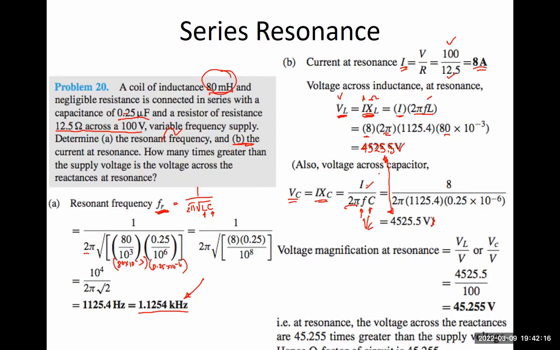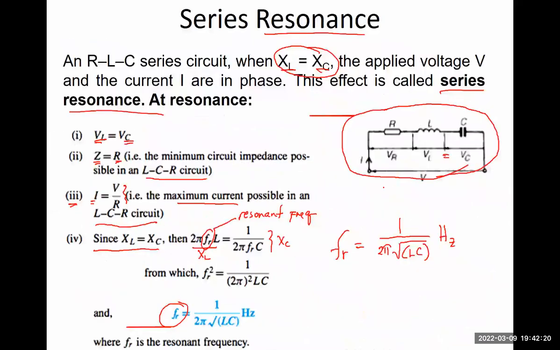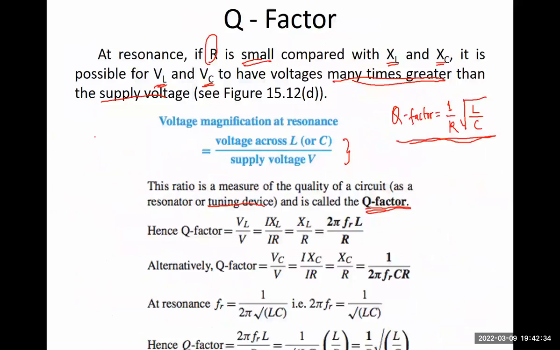So, that means na nasatisfy natin yung, okay, this one. VL is equal to VC. Okay? Now, to determine now the magnification, the voltage magnification, we could make use of the voltage across L or we could make use of the voltage across C. Okay?